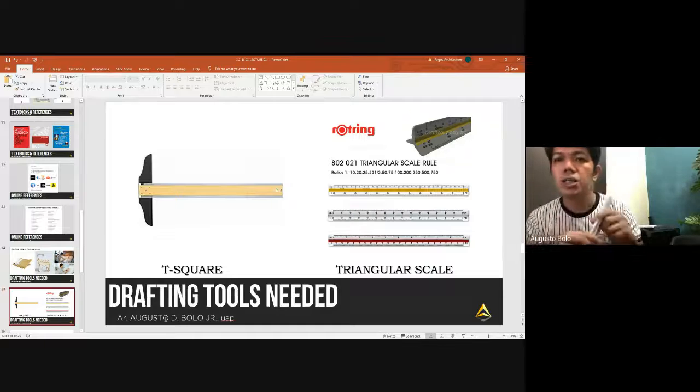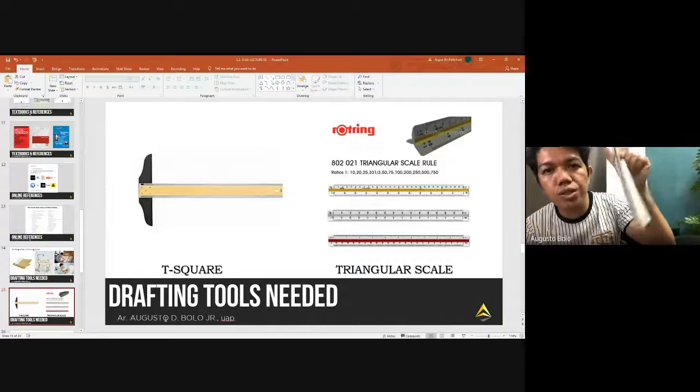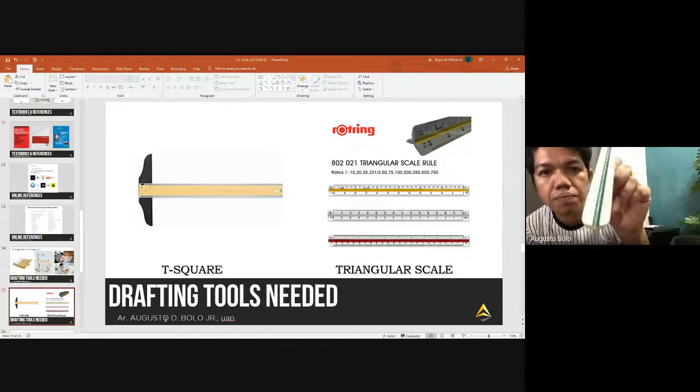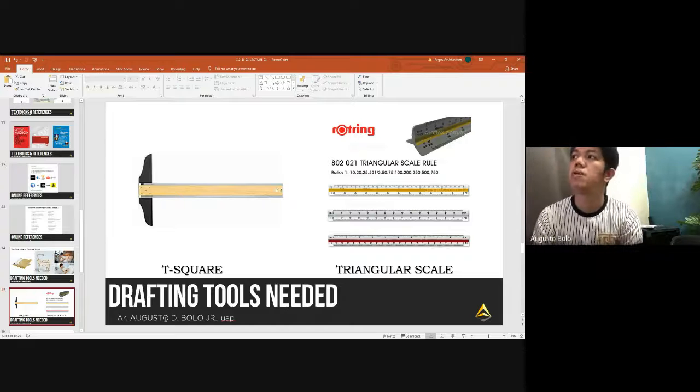So, another metric tool that is being used by an architect is this one. This is a triangular scale. Why am I presenting Rotring? Not for a paid ad, but for almost near to a perfect calibration.